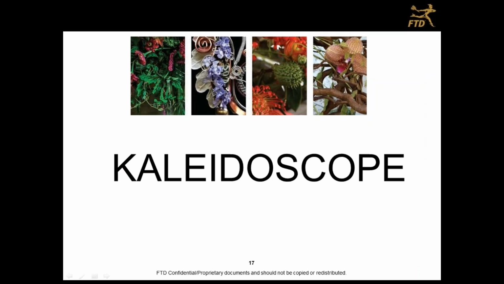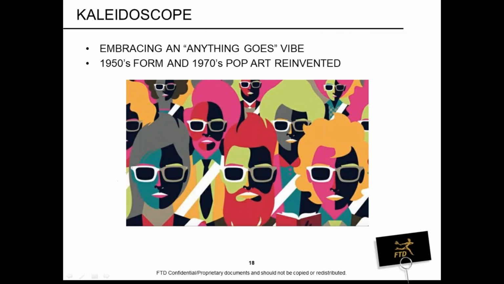When you look at Kaleidoscope, what can I say about Kaleidoscope? Embracing anything goes vibe. And this whole thing about 1950s farm and line and 1970s pop art reinvented, it looks like we've reinvented the classics, those geometric patterns, but just really in a contemporary styling.